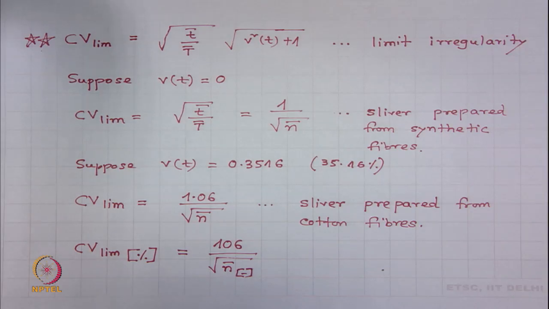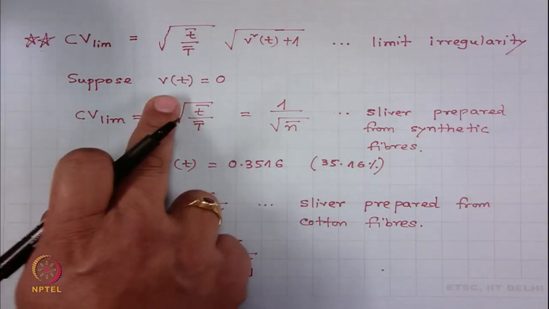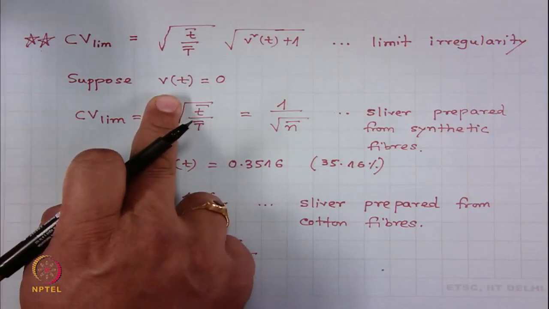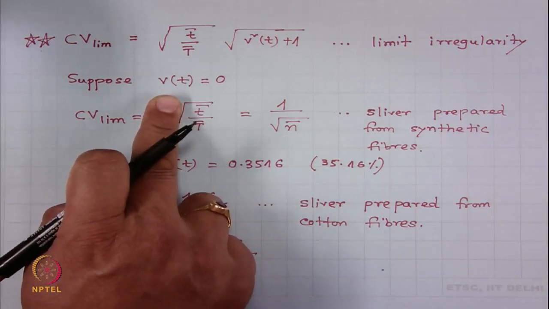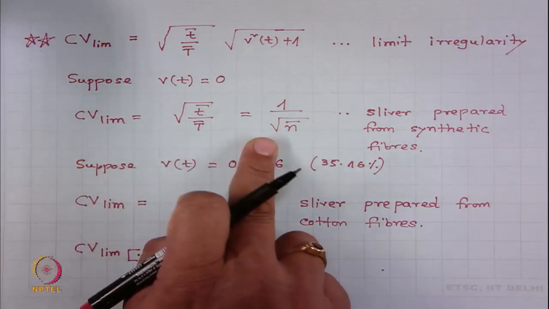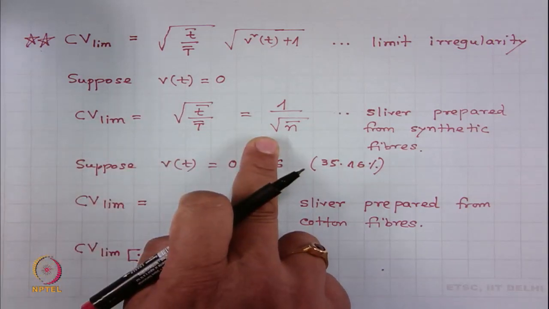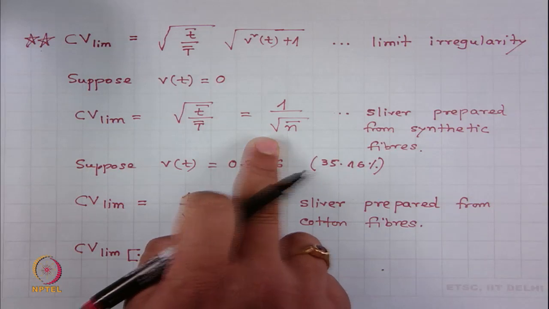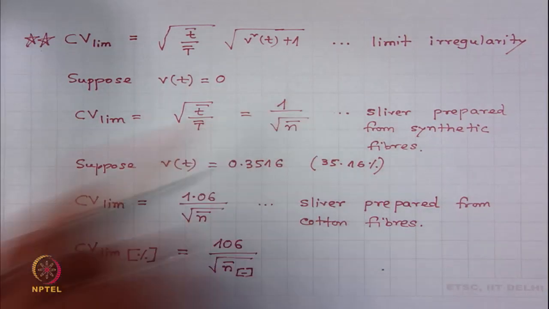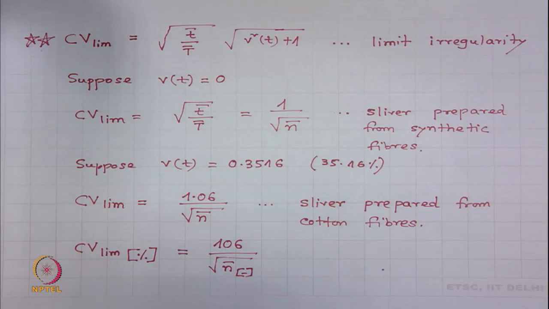2 special cases we considered. If we consider there is no irregularity of fiber fineness, then this limit irregularity becomes this. Often it is said that this expression is true for the sliver prepared from synthetic fibers.